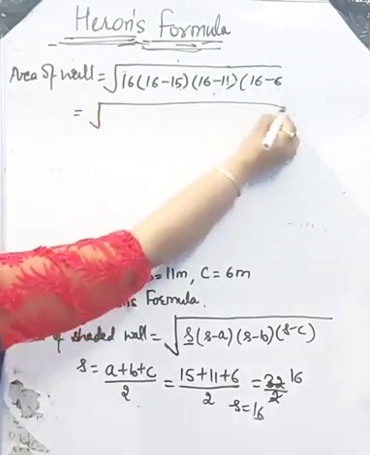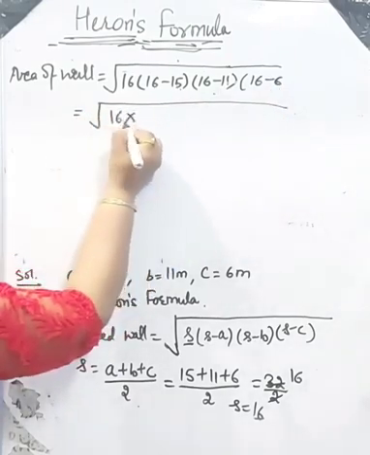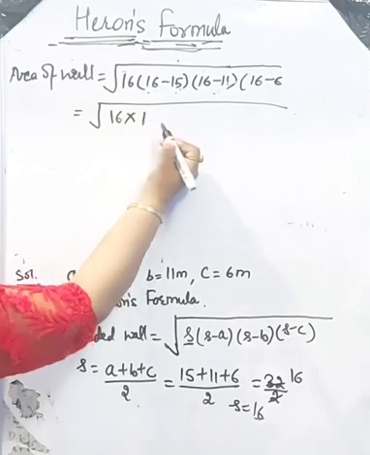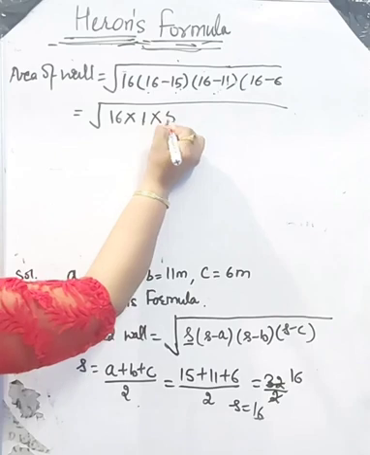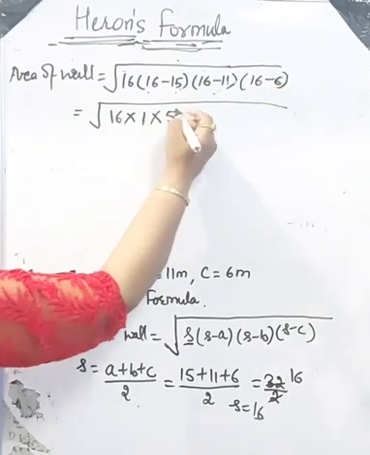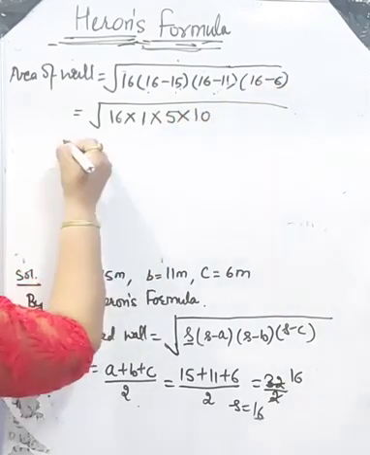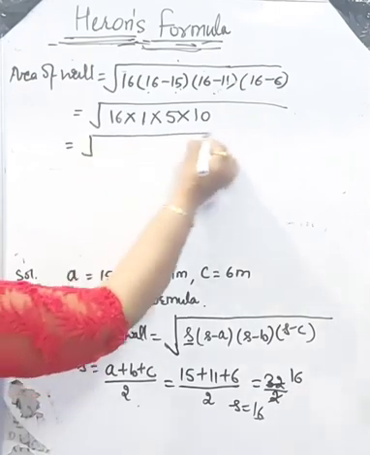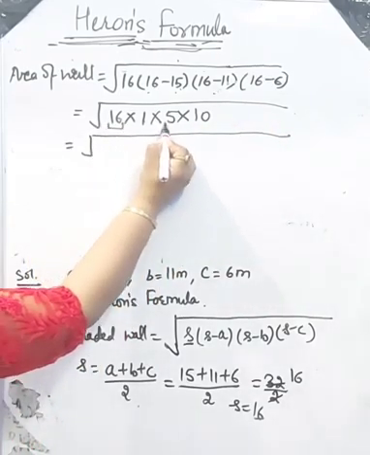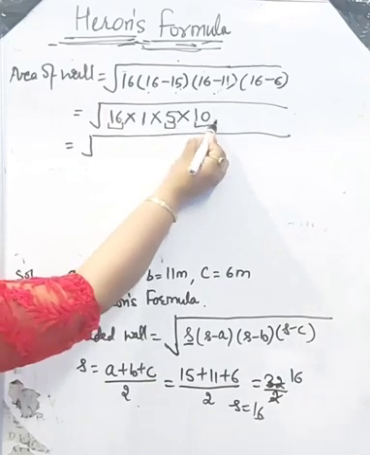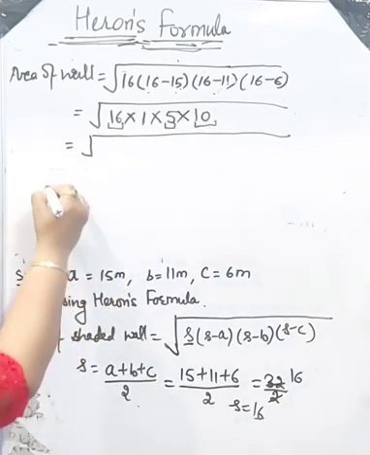Now again simplify it. 16 minus 15, we know the difference equals 1. 16 minus 11 is 5. 16 minus 6 is 10. Now we have to reduce these numbers into lowest form by doing prime factorization.